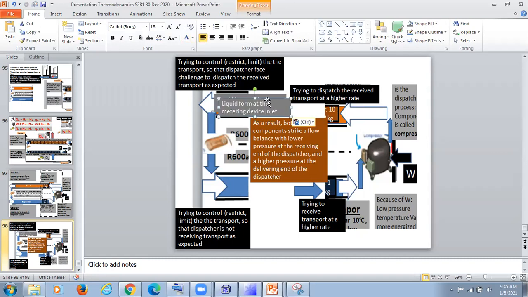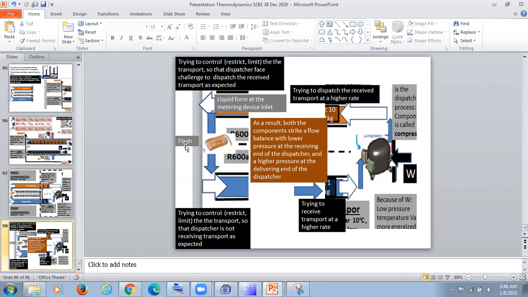Then here takes place the flash, because of this metering. Throughout this, the flash takes place.